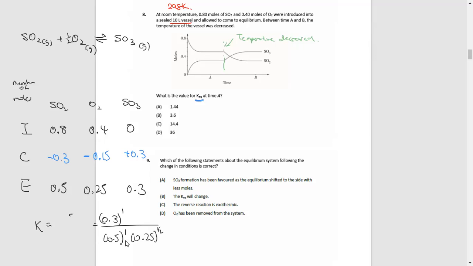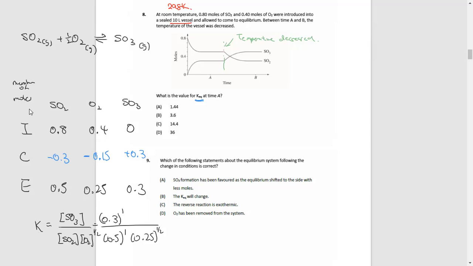But you should probably consider what K is, because K is the concentration of SO3 all over the concentration of SO2 times the concentration of O2 to the power of a half using our coefficients here.